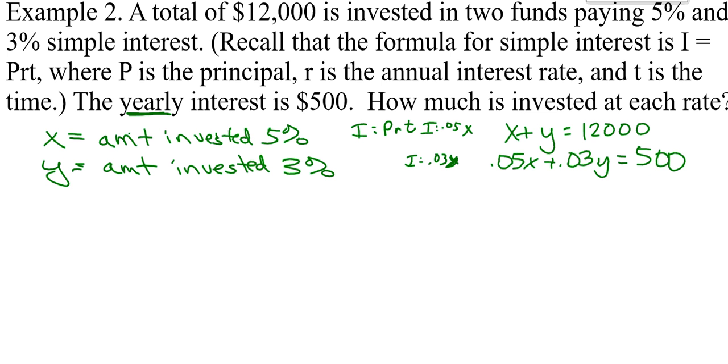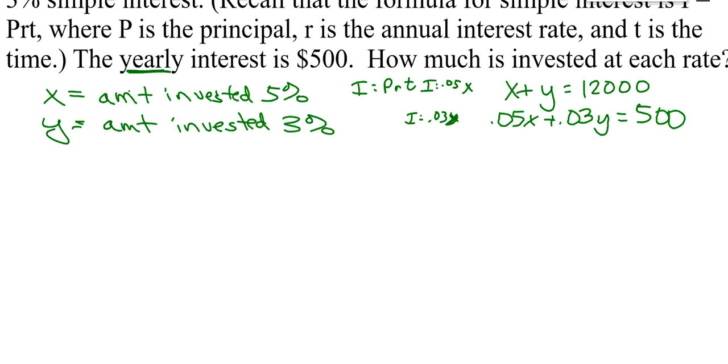I personally would take that equation and multiply every term by 100. Does that make it an easier equation to look at, do you think? 5x plus 3y equals 50,000. Do you have to do that? Not necessarily, right? But is it okay if we do that for me?